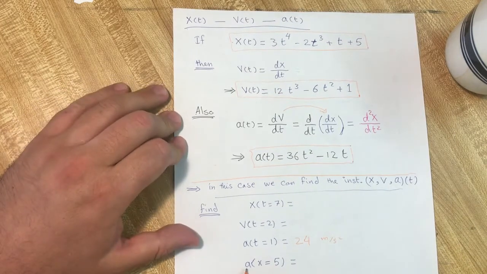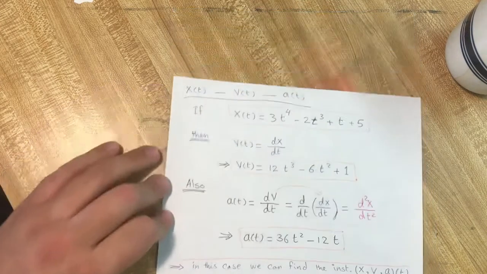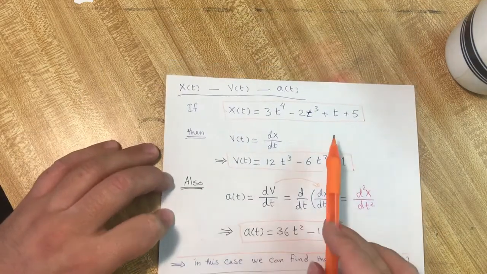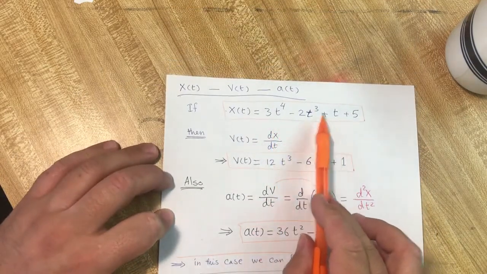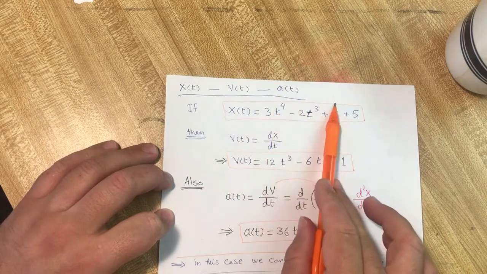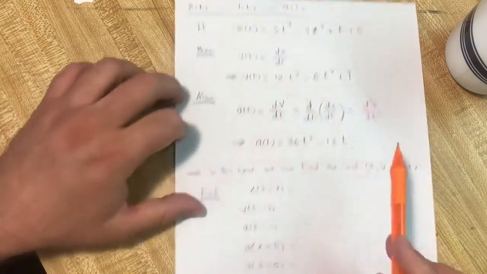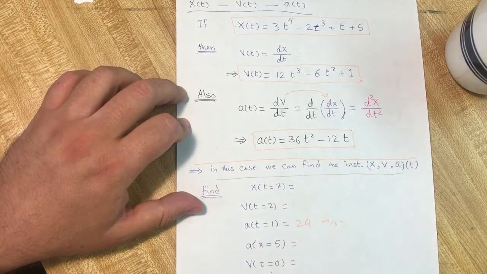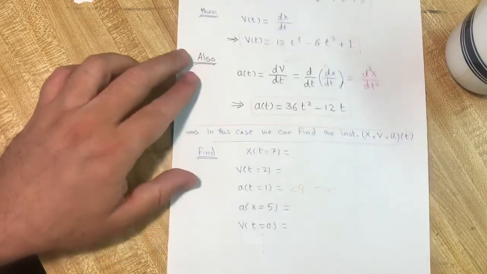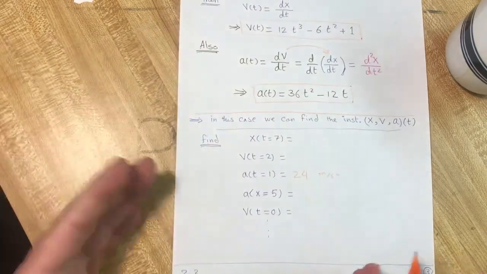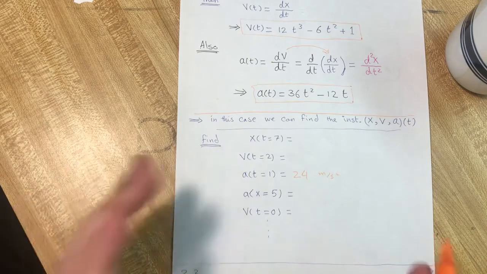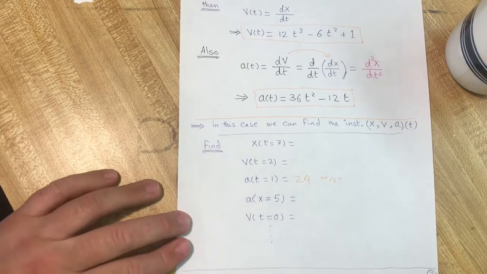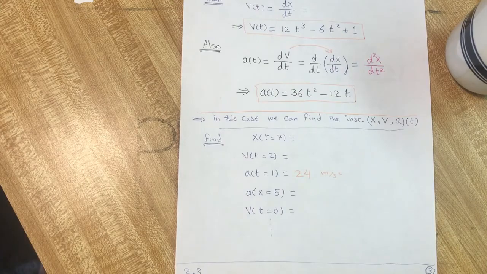Look at here, a at x equal to 5. When t equals 0, this is 0, and this is 0, and this is 0. So when we put the acceleration at t equal to 0, it will be 0. It is easy to find the value of a function if you have the independent value of that function. You will see more examples about this subject.